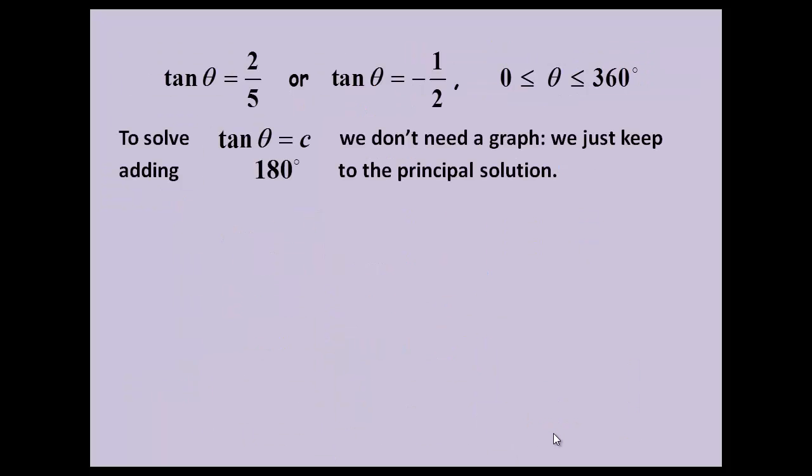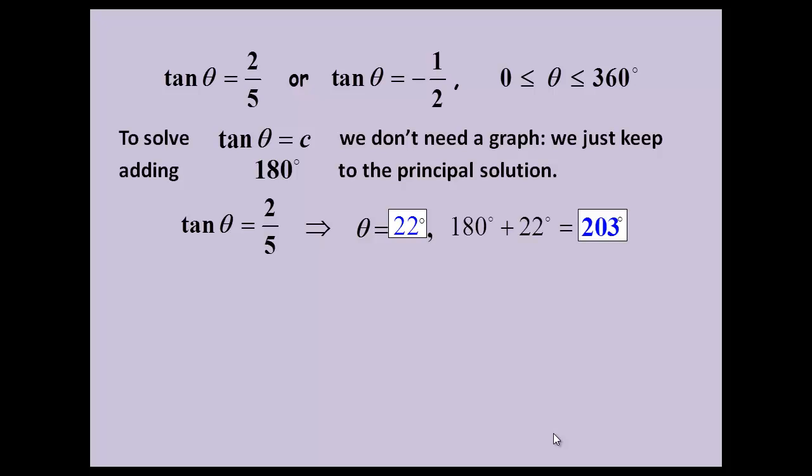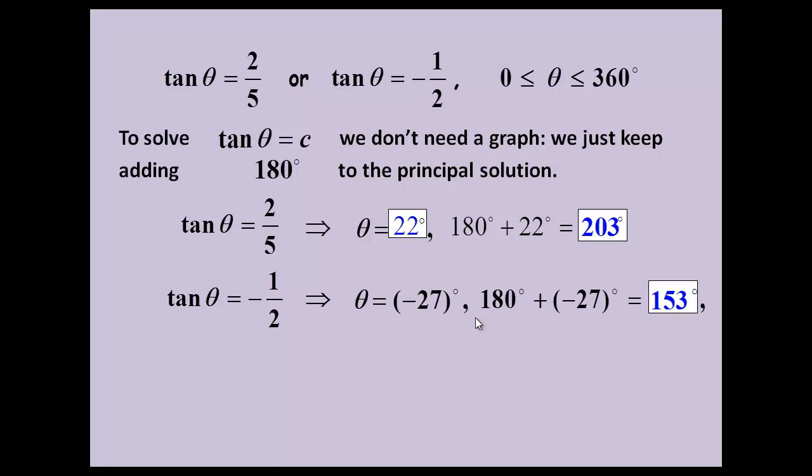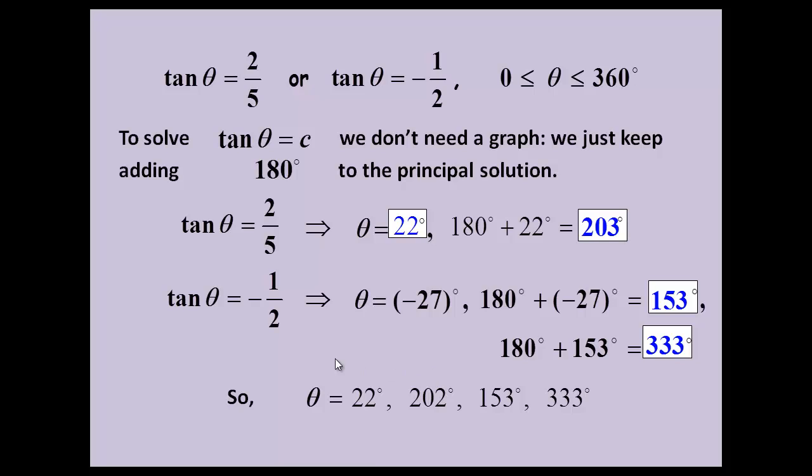To solve, it's easy with tan, isn't it? We find our principal values and we add 180 or subtract 180, whichever is appropriate to find the values within our interval. And there we go. So we can see there we've got these values here.